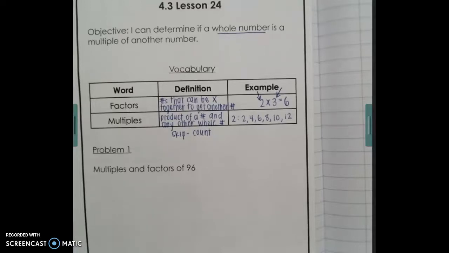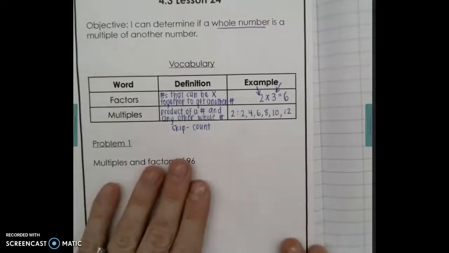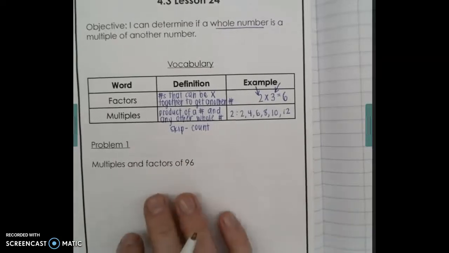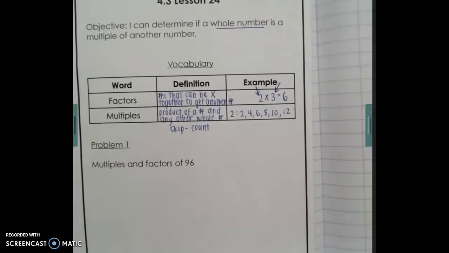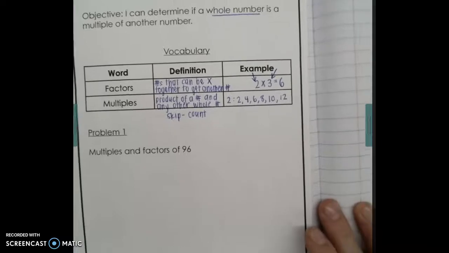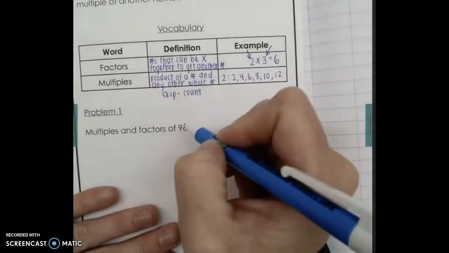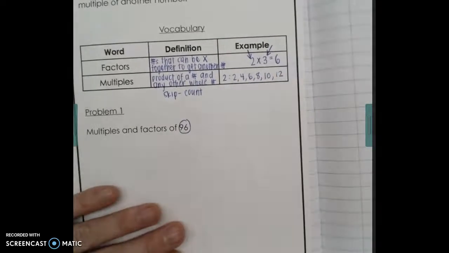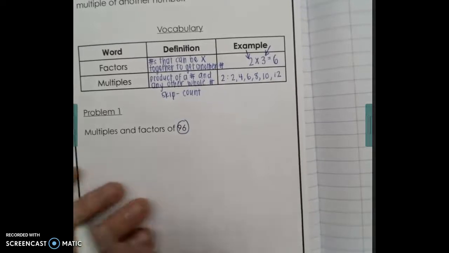So we're going to look at the number 96, very big number, and we're going to talk about multiples and factors of 96. Okay, so first thing we're going to do is looking at the number, we're going to try to figure out what are all the factors that can go into 96. So remember, we always talk about starting with 1.